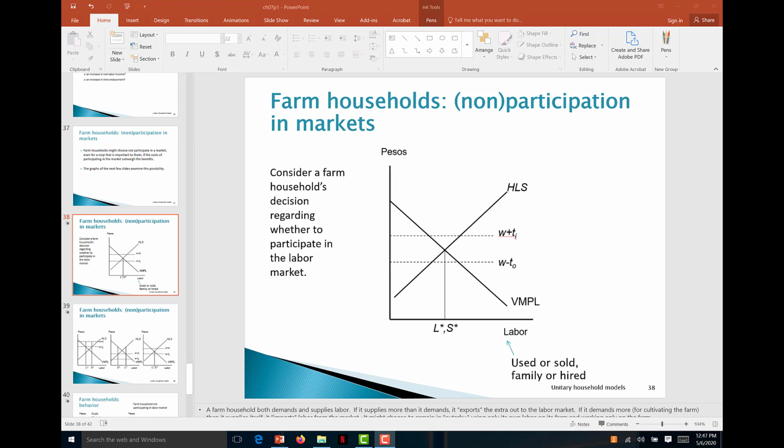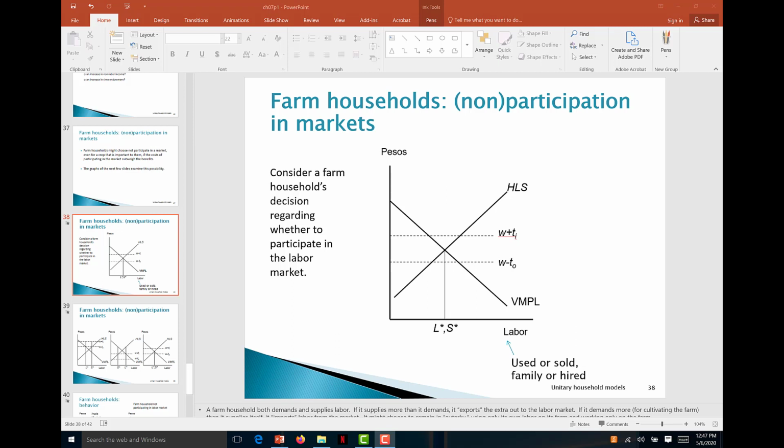You have to find the job, you have to deal with other people, and the transaction costs are part of it as well, of course. So we have to subtract it from W, the wage, to get essentially the after transfer costs wage to the household.